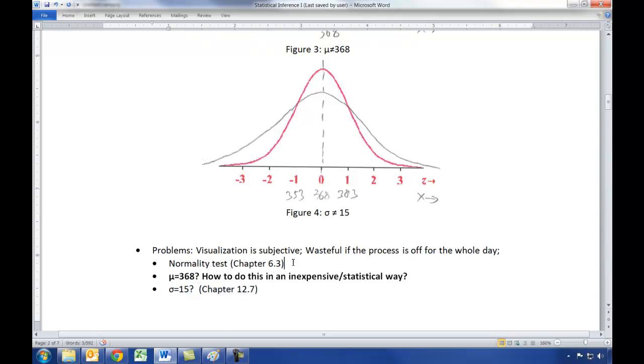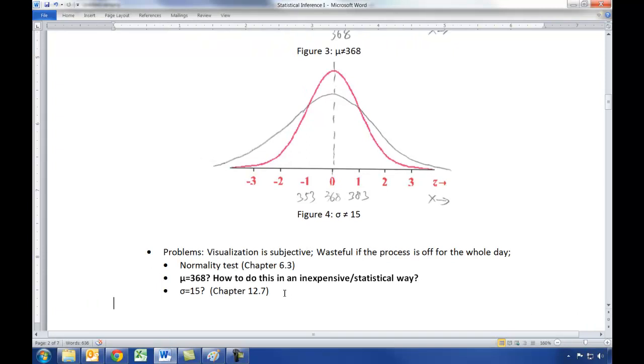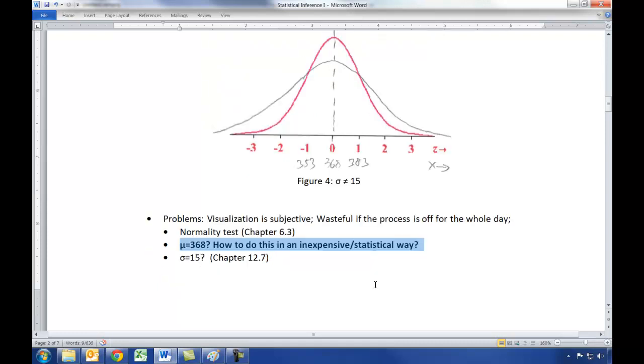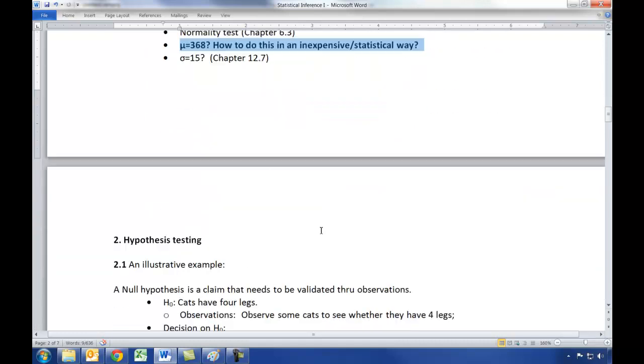So we are not going to spend time on these two types of tests. To test mu equal to 368 in a statistical way requires us to use hypothesis testing, which we'll turn to next.